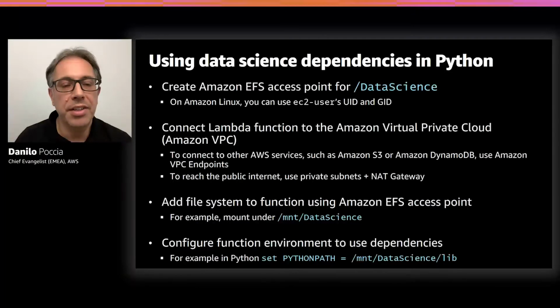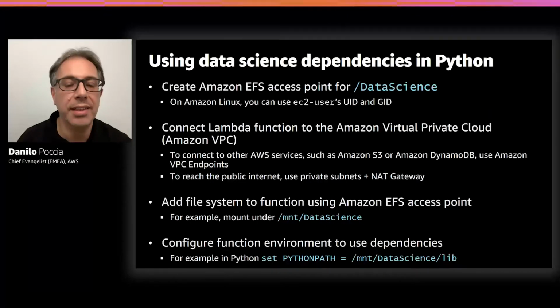Now you can create an EFS access point, that is what Lambda is using to mount a file system. Basically, it's telling it to mount this file system with this user ID and this group ID. In this case, I'm using ec2-user, the standard user for Amazon Linux. You connect the function to the same VPC as the EFS file system. Be careful if you need internet access or access to other AWS services.